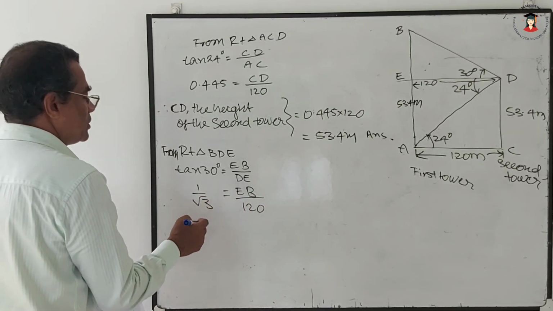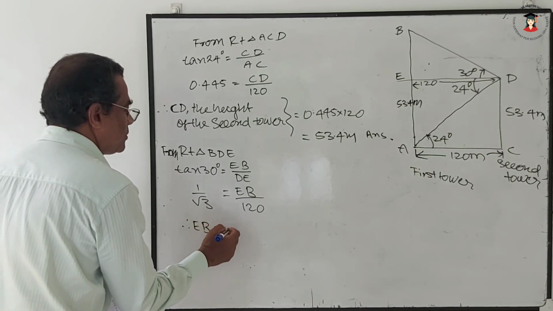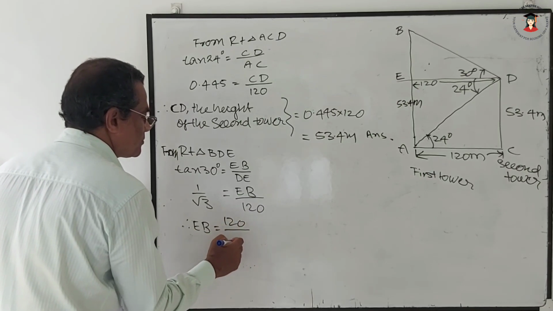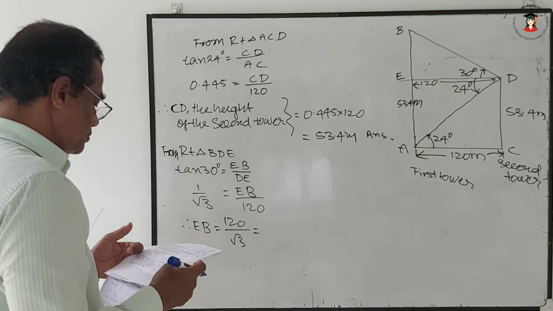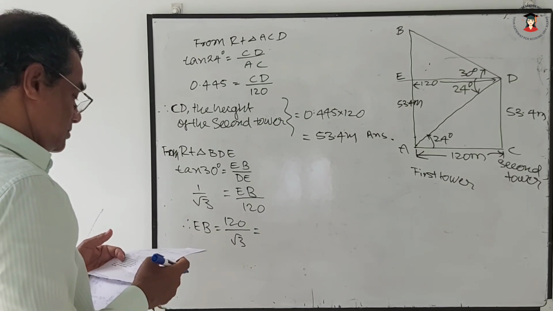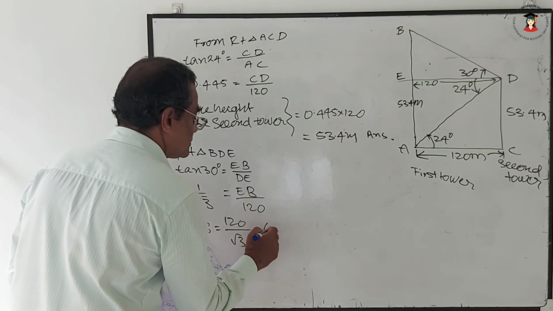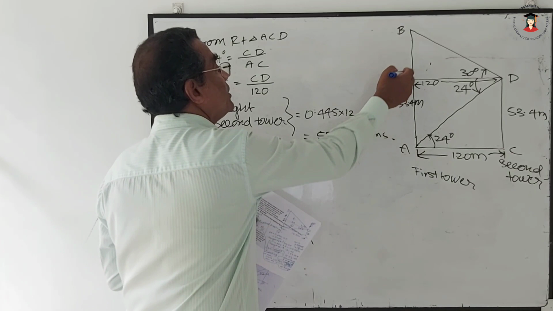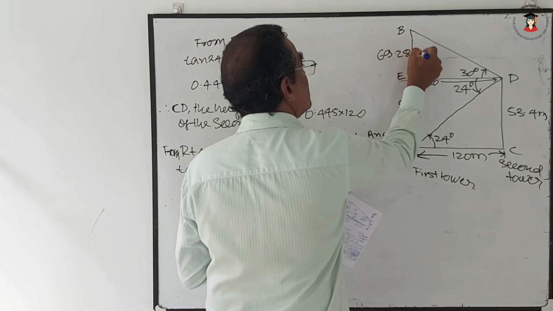Therefore, EB equals 120 by root 3. And 120 by root 3 is equal to 69.28 meter. So we got this distance also, 69.28 meter.